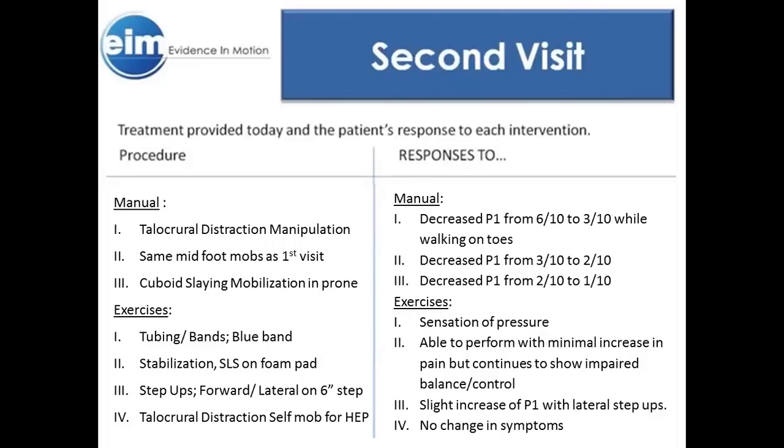I also had him perform step forward and lateral with a 6-inch step, with only a slight increase in pain. Then I taught him how to do a lateral distraction self mob for his home exercise program, so he can help modulate the pain at home.